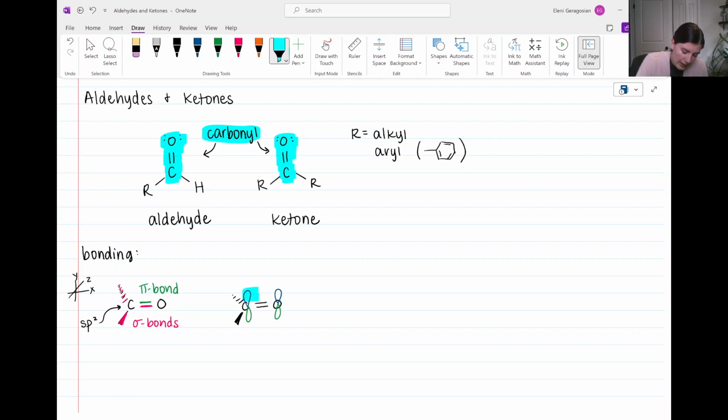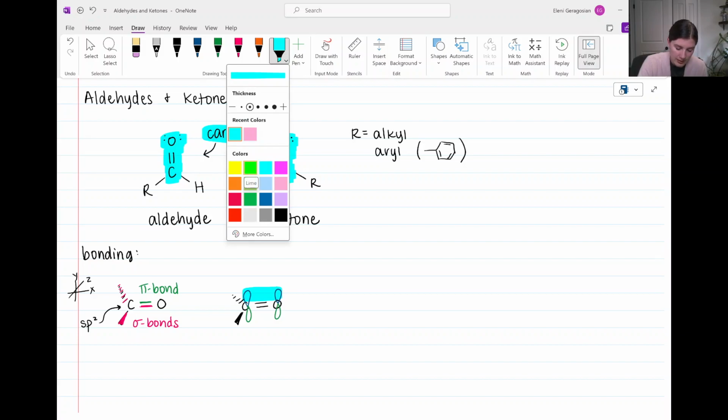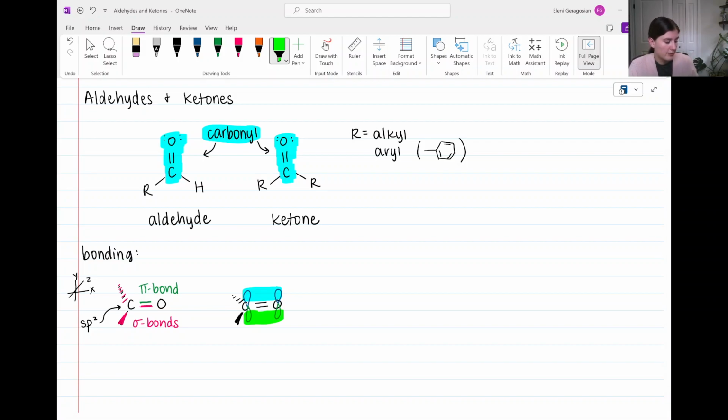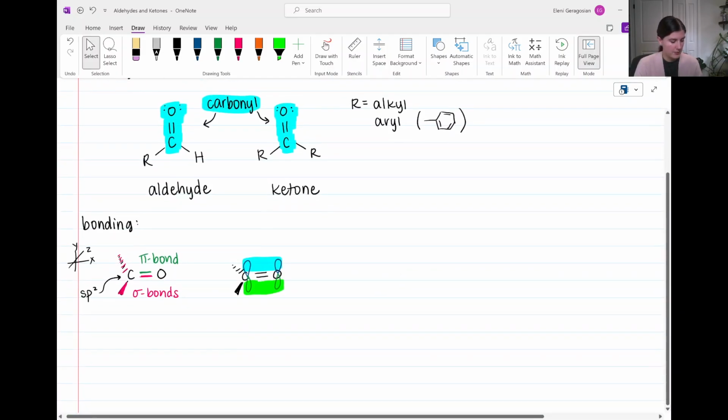When we draw the overlap, as we did with diene molecules, this is the molecular orbital for those 2 p orbital overlaps. So we'll talk a little bit more about orbitals in a future video. But this is what the bonding looks like in an aldehyde and a ketone between that carbon and oxygen, where that carbonyl bond exists.